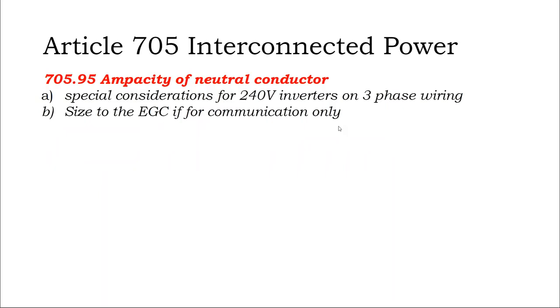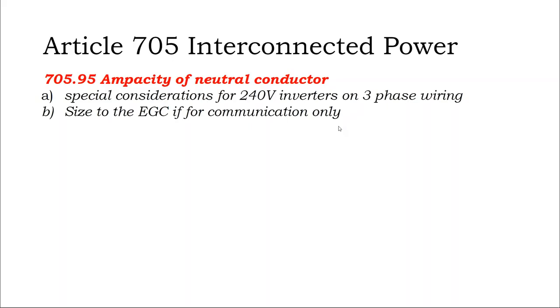Ampacity of the neutral conductor. There are special considerations for 240 volt inverters on three-phase wiring versus 120/240 regarding oversizing. On three-phase 240 volt, you may not be able to undersize the neutral.